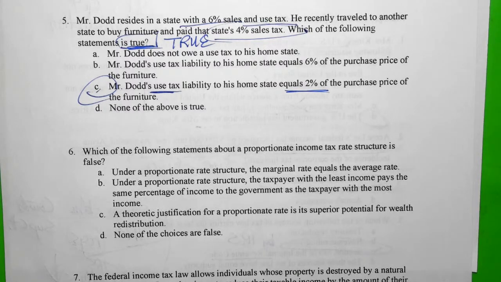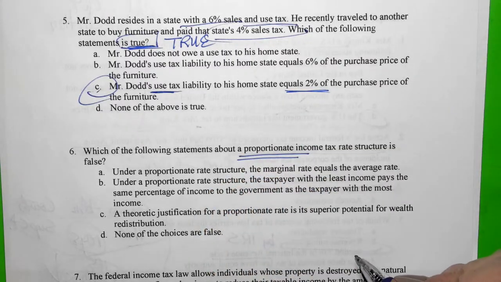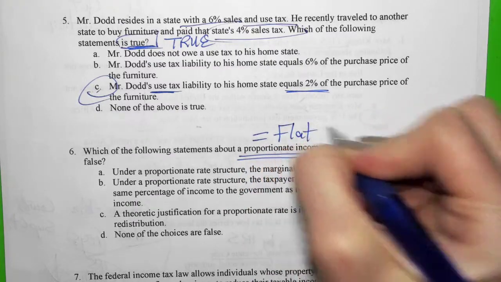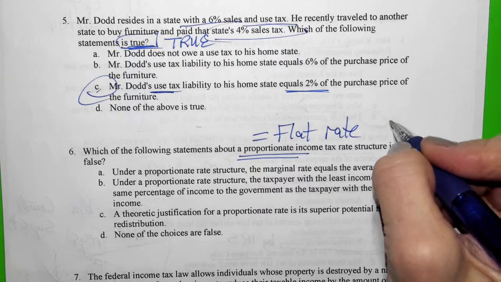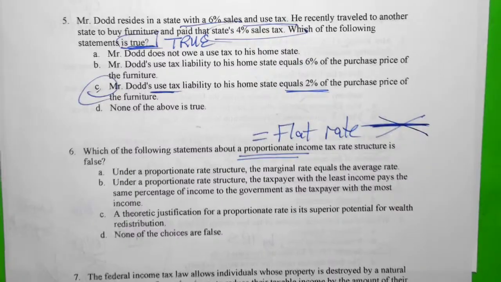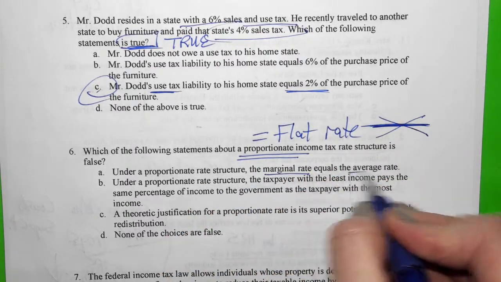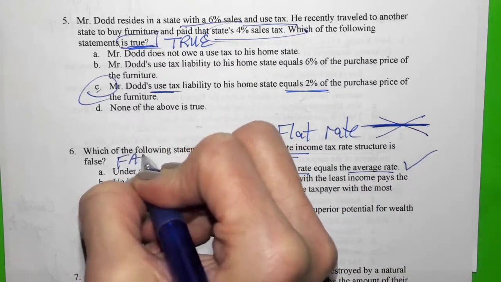All right, number 6, a proportionate income tax. That means a flat rate. So not regressive, not progressive, but a flat rate. And if it's a flat rate, your marginal rate does equal your average rate. Again, look, this says what's false.